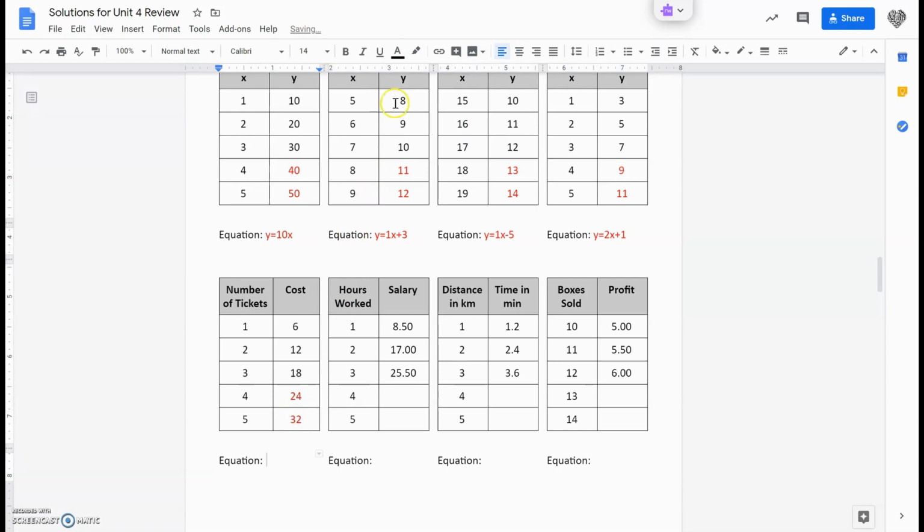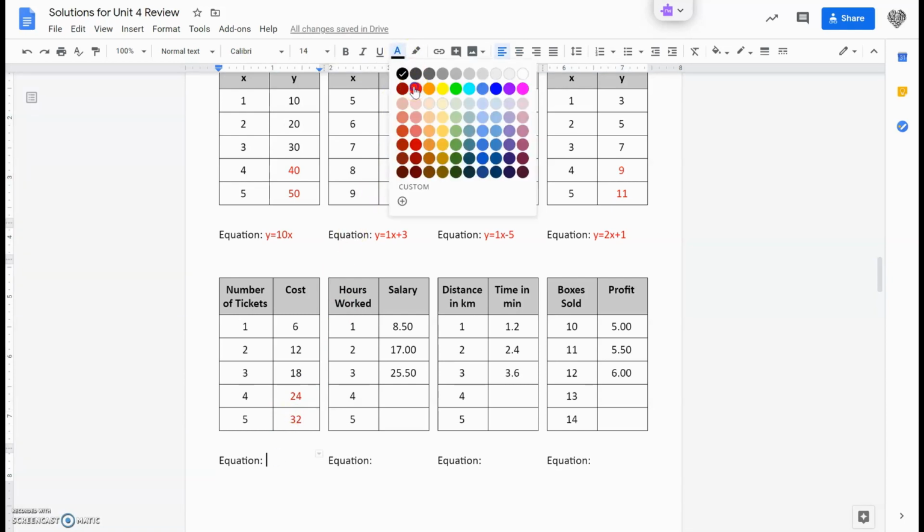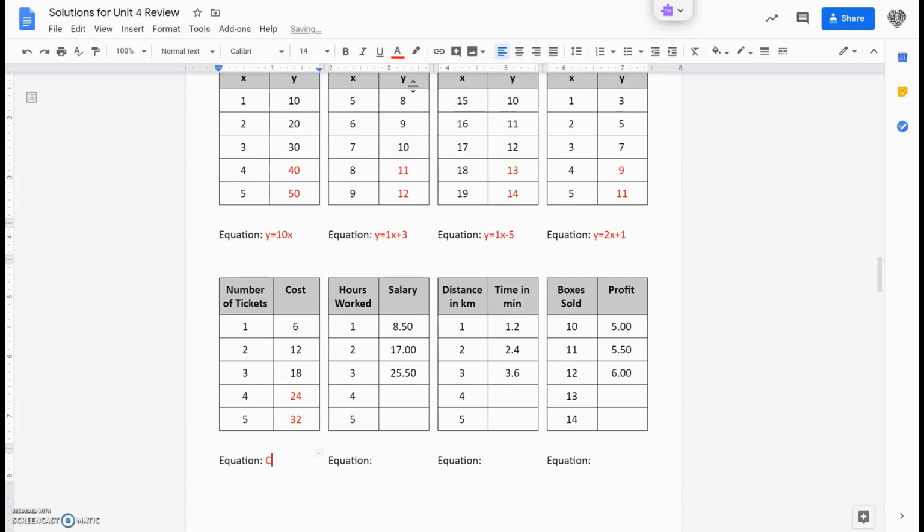So what would our equation be? We could say C for the cost of the tickets equals, so we're increasing by 6 each time, so we should say 6 times, let's say the N for the number of tickets, and then what is that zero value? So we're increasing by 6 each time.